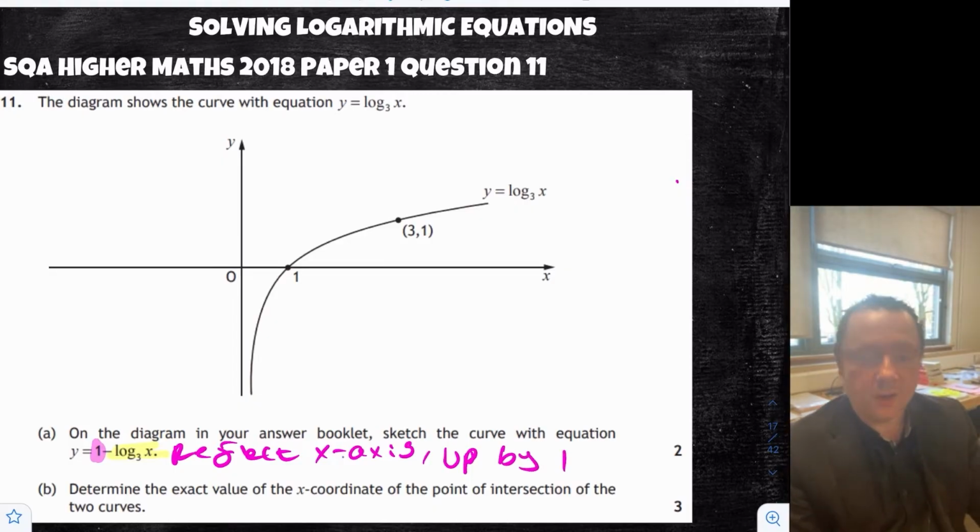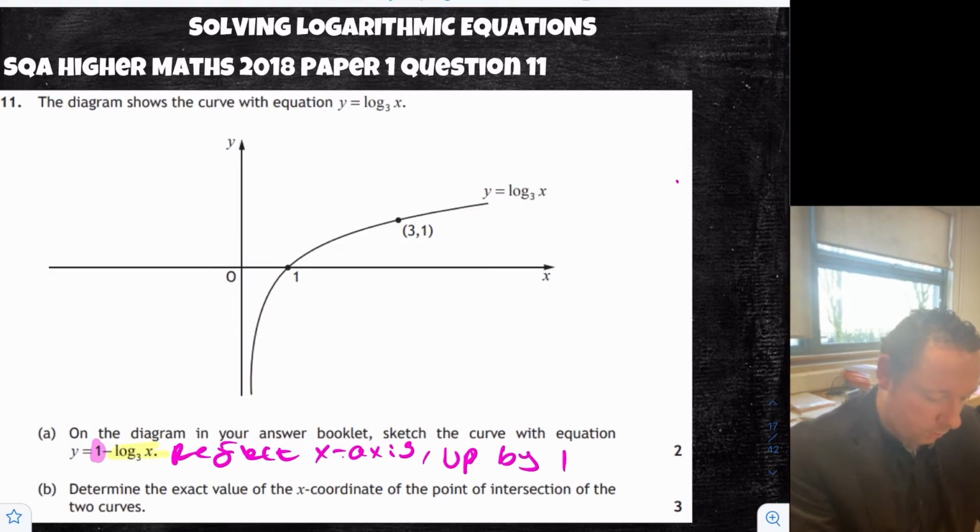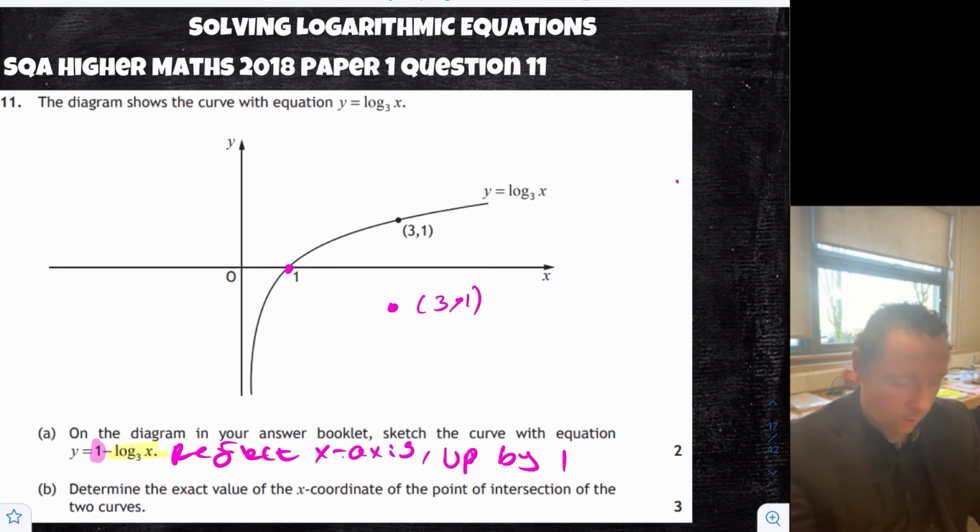So first of all, reflecting on the x-axis, this point will stay where it is, but this point will jump down here, and that would be at the moment as in point 3, minus 1. But now I have to move up by 1, so this point is going to jump up by 1, so that becomes 1, 1. And you can see this point goes up to 3, 0. So I can just write the number 3 here.